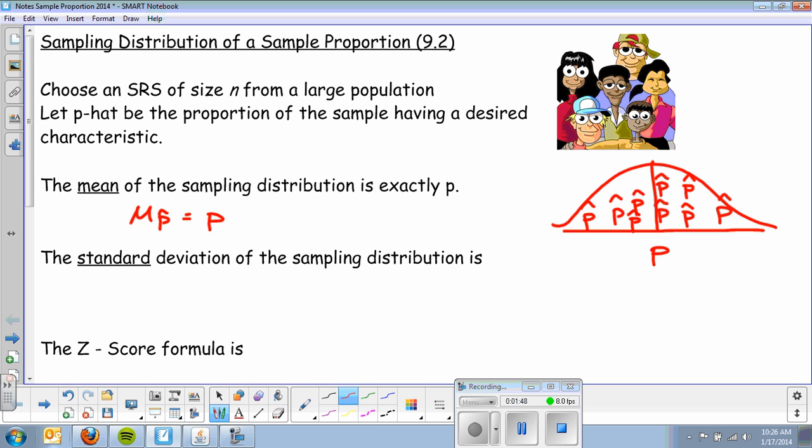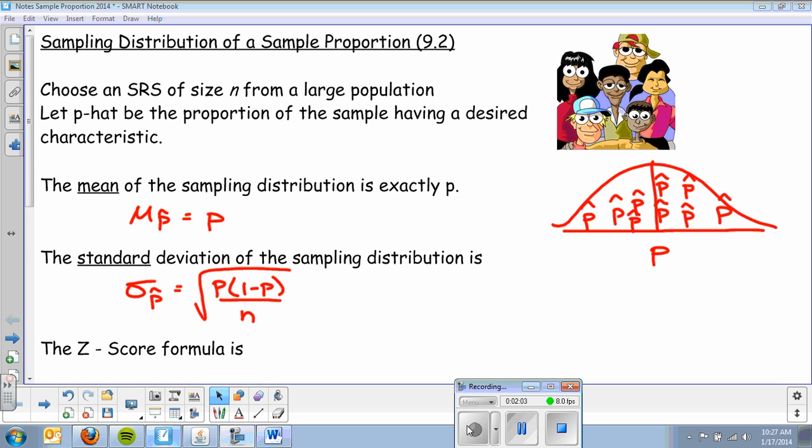And we have a formula for the standard deviation, sigma sub p hat, and that's the square root of p times 1 minus p over n. We can label this over here, sigma sub p hat. That's where we usually put the standard deviation. So essentially, we're going to be doing normal calculations, but we first have to calculate our mean and standard deviation.